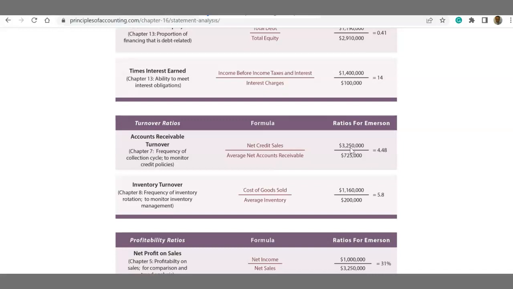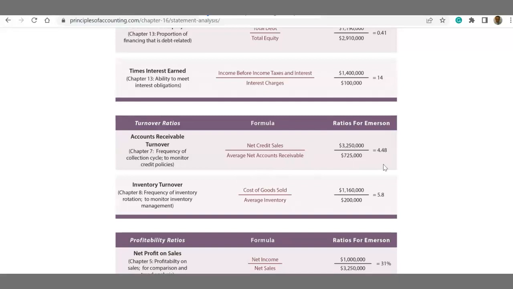That means almost 4.5 times this company was able to collect its accounts receivable during the year. Which if you divide 365 by 4.48, that gives you accounts receivable collection days. So 1 year, 365 days divided by 4.48, that gives you how many days accounts receivable takes to be collected.